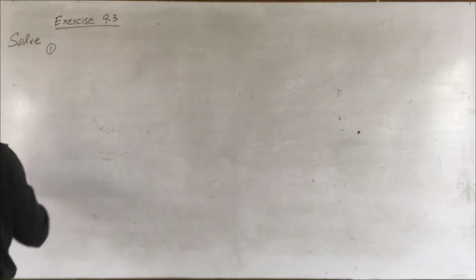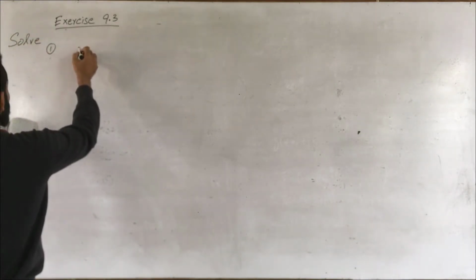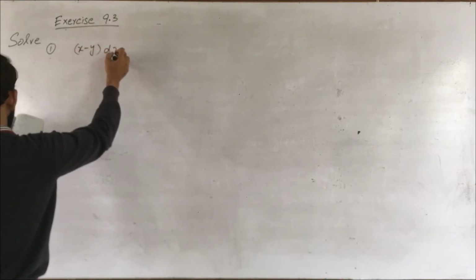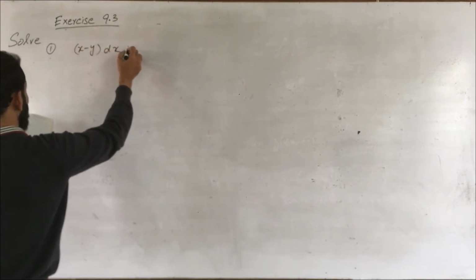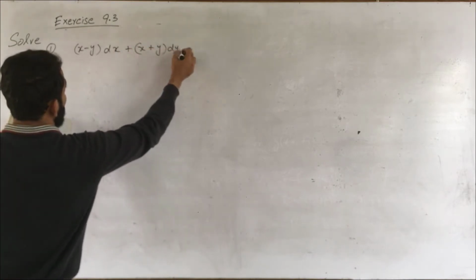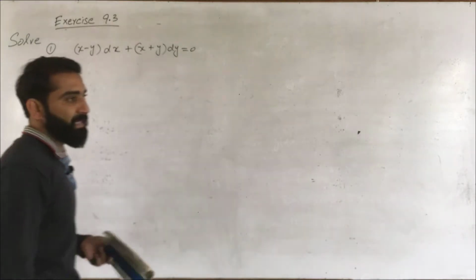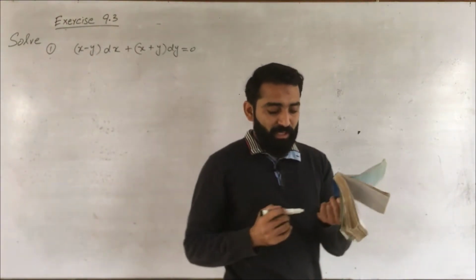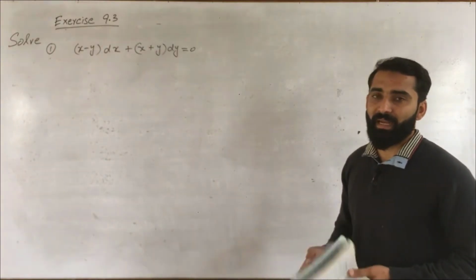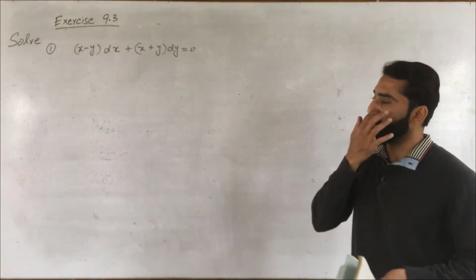Question number 1, we have to solve this differential equation: (x minus y) dx plus (x plus y) dy is equal to 0. As you can see, this differential equation cannot be separated, we cannot separate the variables of x and y.